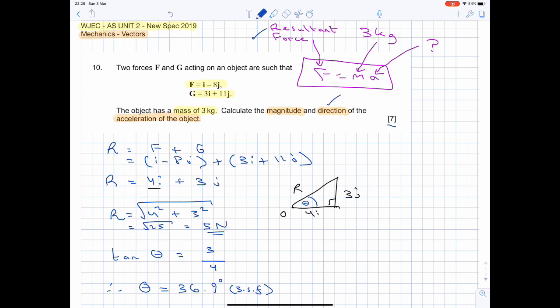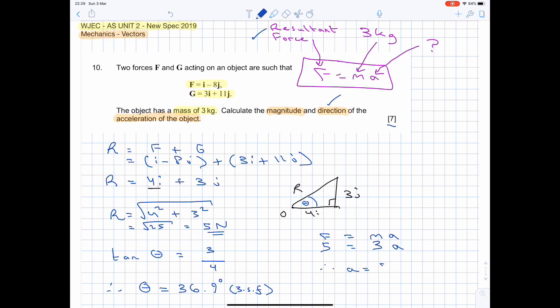We now need to find the magnitude of the acceleration. We can now use F equals ma because we know F and we already know m from the question. So F equals ma. We know F was 5 from here. Mass is 3. We want to find the acceleration. Therefore, the acceleration would be 5/3.